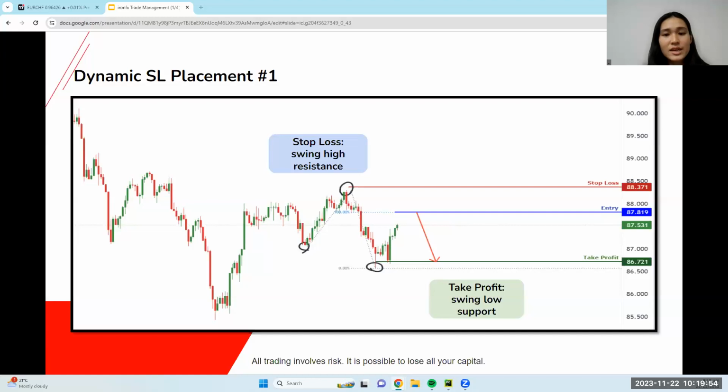Here's a simple example to demonstrate dynamic stop loss. Price has bounced off nicely off of this support level of 86.721, as we see here. We're expecting it to reverse off of our entry here, 87.819, in line with this 100% Fibonacci projection level.